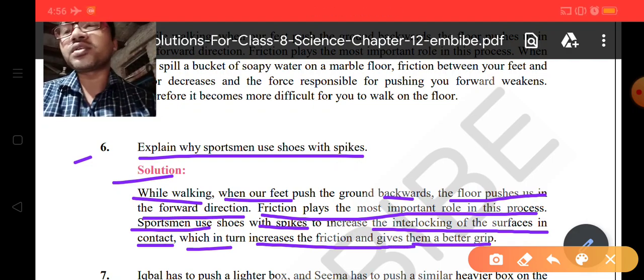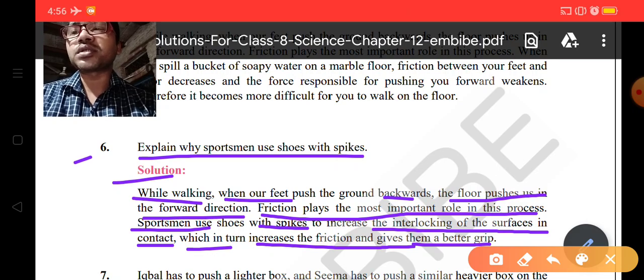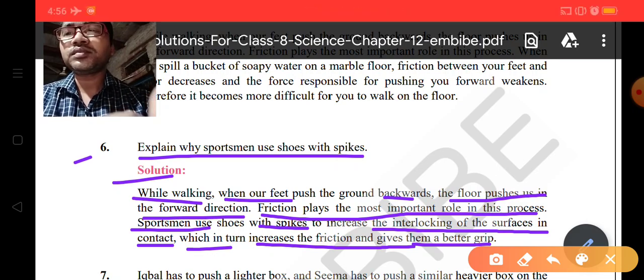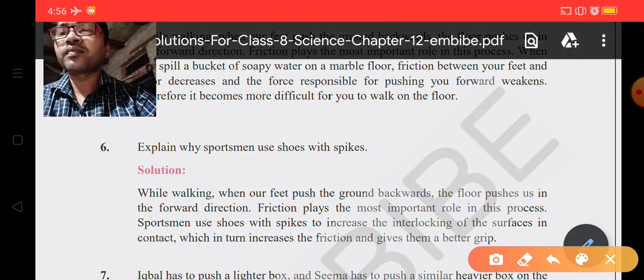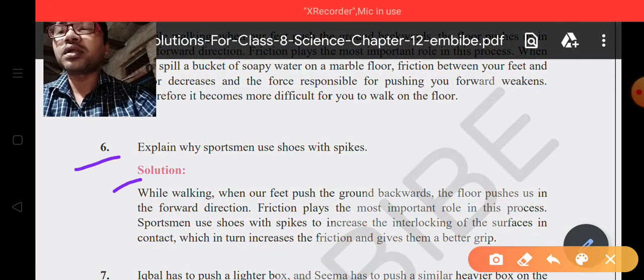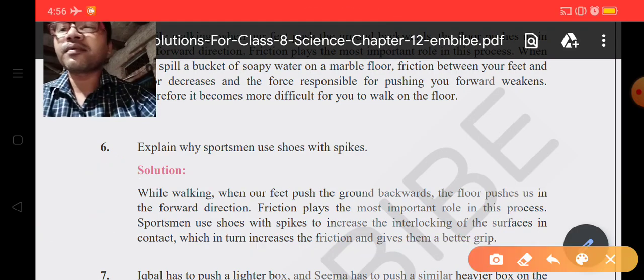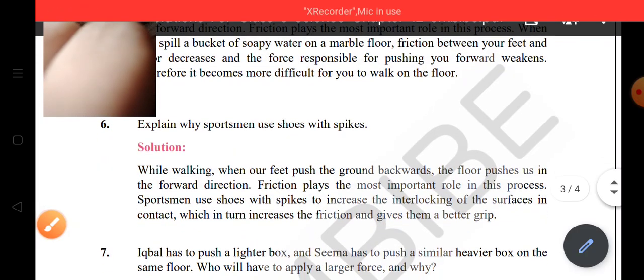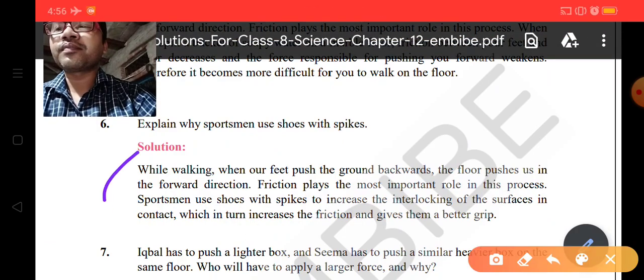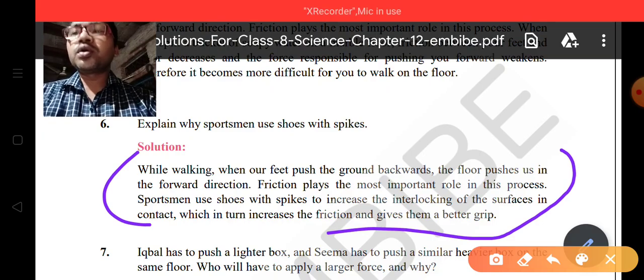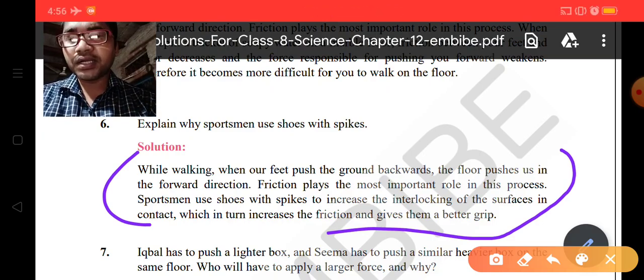So this is the answer of question number 6. This one is the question and the answer is given here. The complete answer is reflected on your screen.